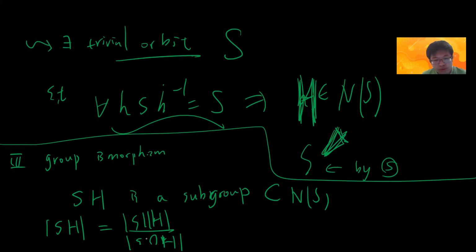Now S and H: S is just P to the N, and let's say H is P to the I, and I is less than or equal to N. So from here, you are guaranteed that SH has order P to the N plus I divided by something.